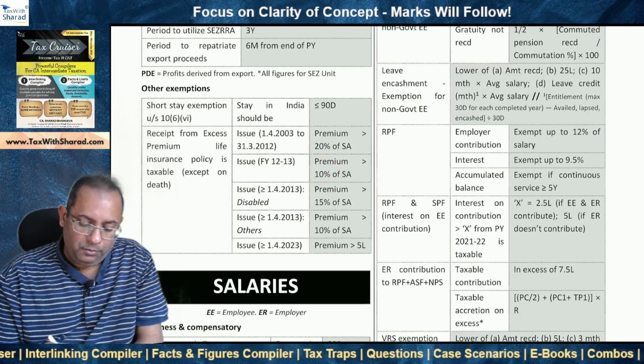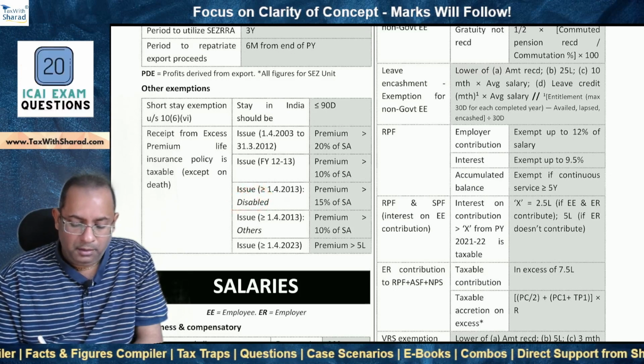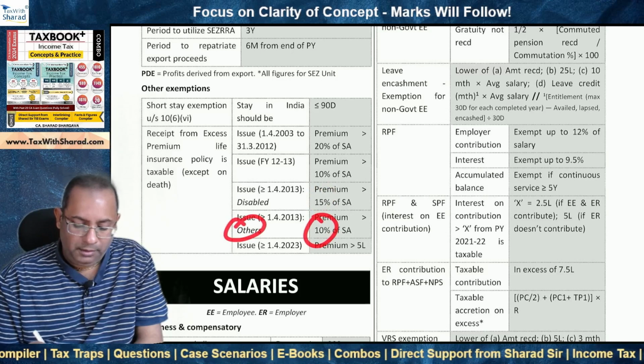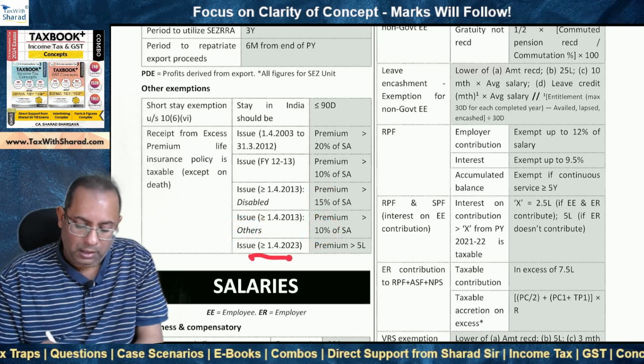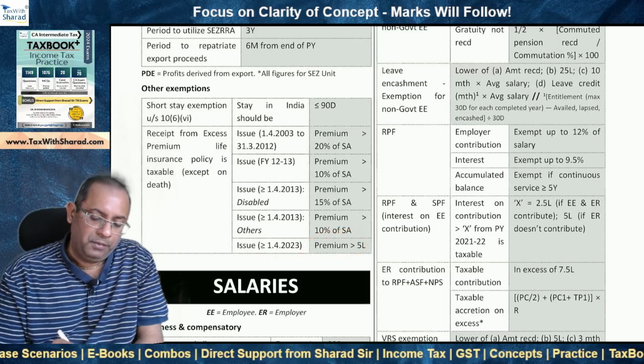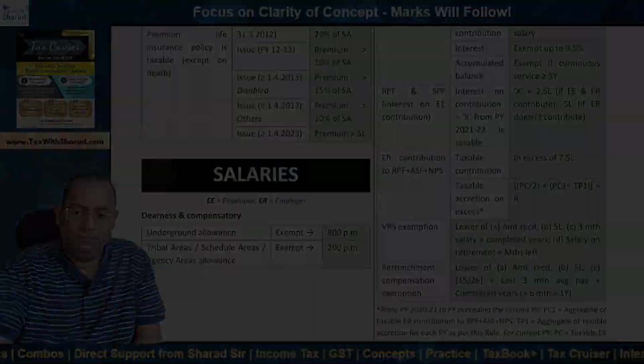Where the policy is issued on or after 1st April 2013 and the insured is disabled, the percentage is 15%. And in the case of others, the percentage is 10%. Where the policy is issued on or after 1st April 2023 and the premium is more than 5 lakh, in that case also the policy becomes an excess premium life insurance policy and is taxable.